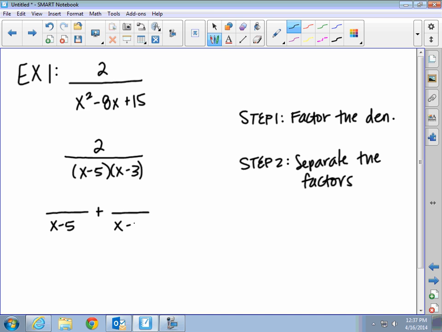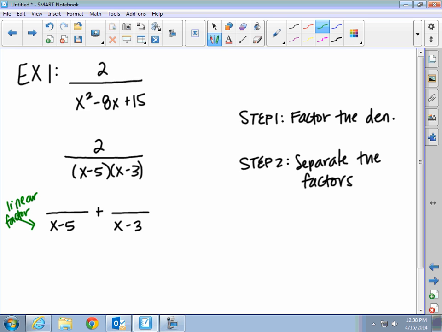Now here's the weird thing. What we're focusing on is the fact that this factor right here, if we could classify it, does it make sense for me to use the word linear? Okay, you understand why this is a linear factor? That will matter later, okay? It's a linear factor down here.